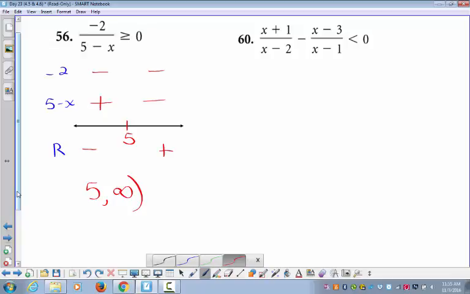Should we put a bracket on that? All right, so let's think carefully. If we do put a bracket on 5, we're including 5. But what happens if we plug in 5 into this fraction? Division by 0, it's undefined.